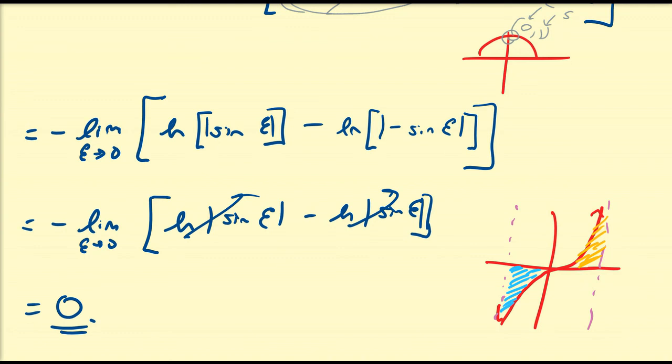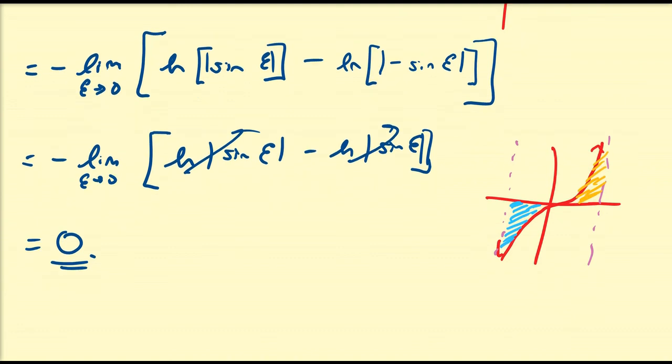Even though they are symmetrically equal, they have opposite signs, so when you add them, they cancel each other out. Even though they are actually infinite quantities, they are in a sense the same size of infinity, right?